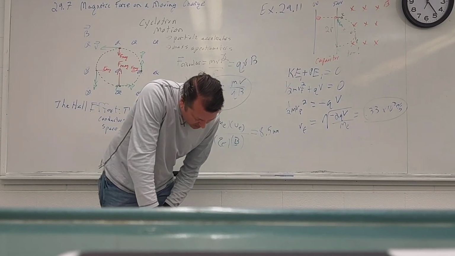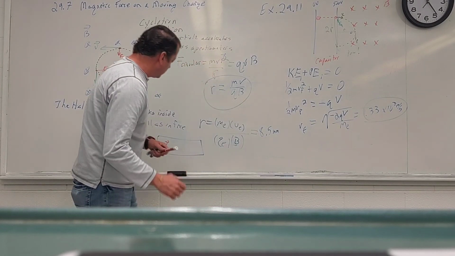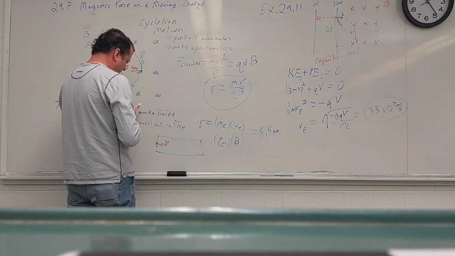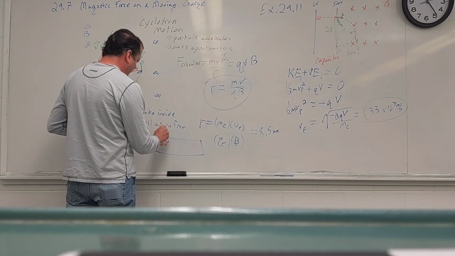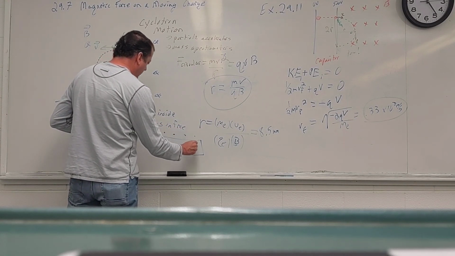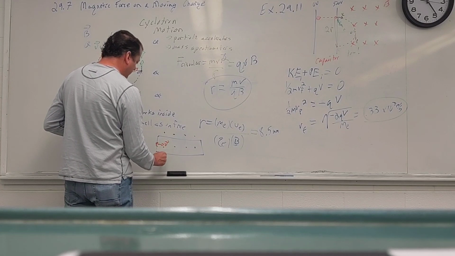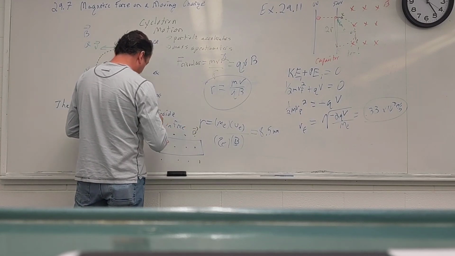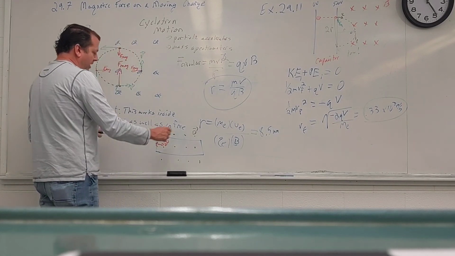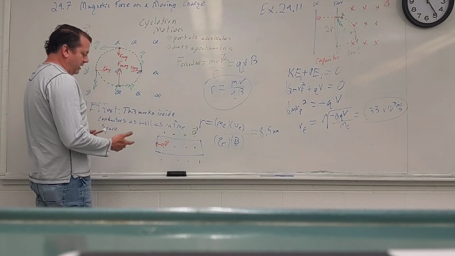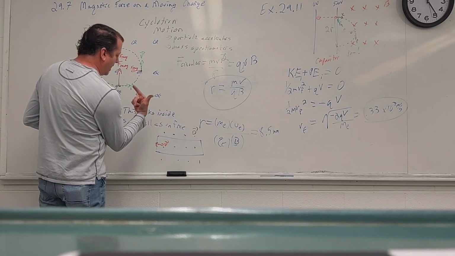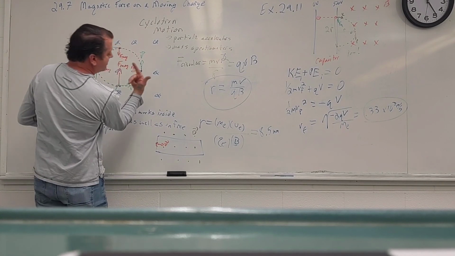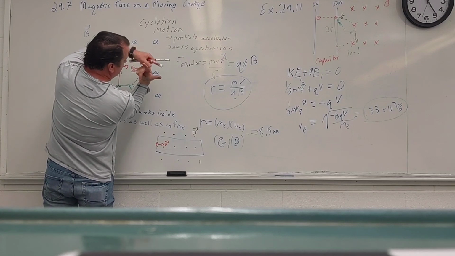And let's say the magnetic field is out of the board. Just trying to keep it consistent with the book. Here the magnetic field is out of the board. So you've got your positive charge carriers going through this way. So velocity with B field out of the board, pushing it down.